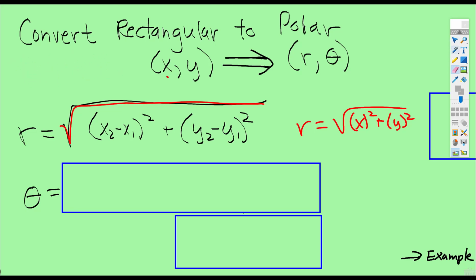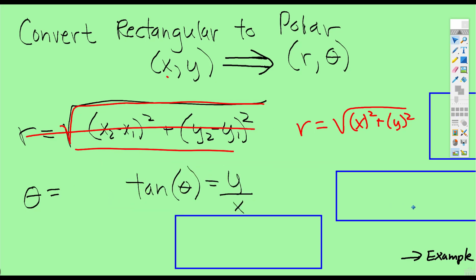The radius is like the hypotenuse. If you were to draw that circle, that's a terrible circle, but the radius would be the hypotenuse of a right triangle, so it's x squared plus y squared. Sometimes you have to set it up in this format, but for now, let's just look at this right here.